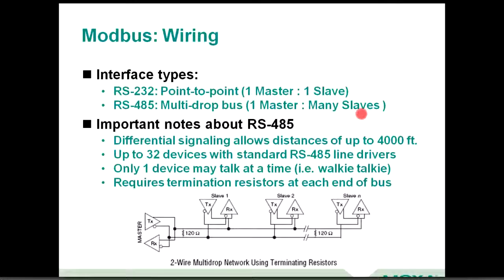It allows you to have up to 32 devices, and that can actually be a little more based upon your actual application, but in general we typically see about 32 devices max, one of those being your master, so one master, 31 slave devices that are out there.